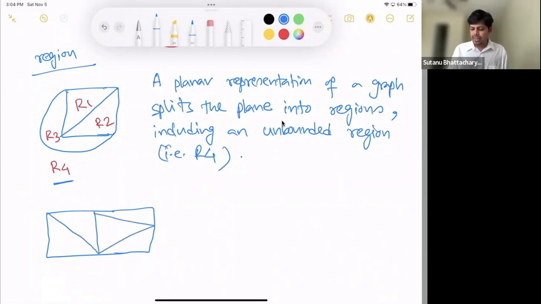This is one planar graph, planar because there is no edge crossing. So what regions are there? One region is this one, R2, R3, R4, R5, and the unbounded region R6. So these are regions.